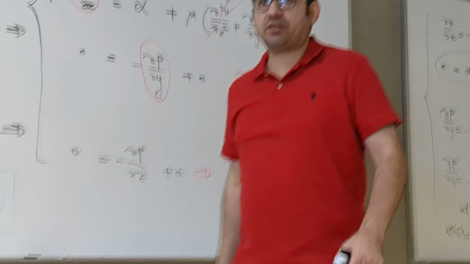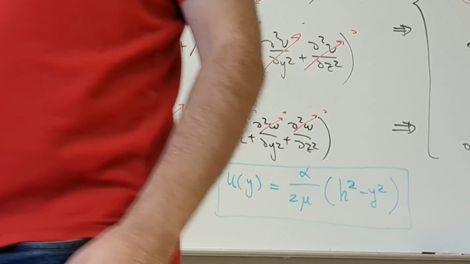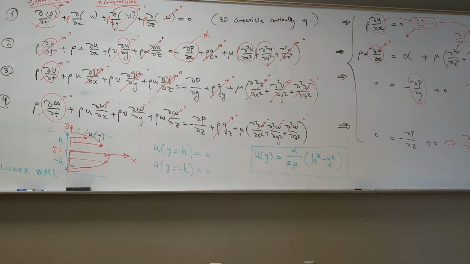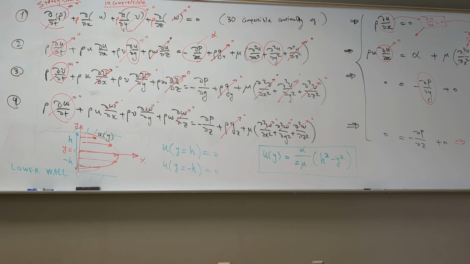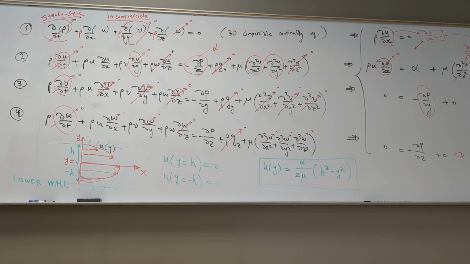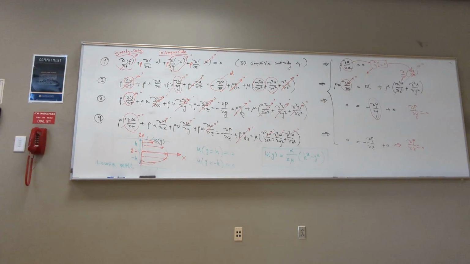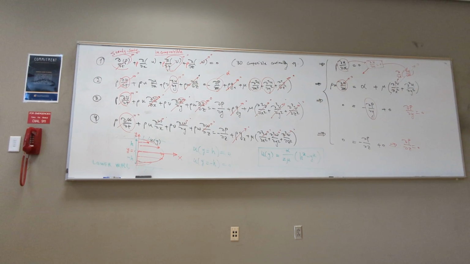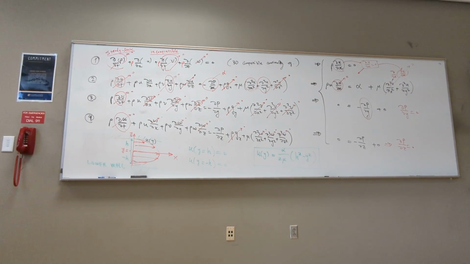So can you tell me what's the maximum velocity? What should I plug in? y equals 0. So what do I get if y is equal to 0?